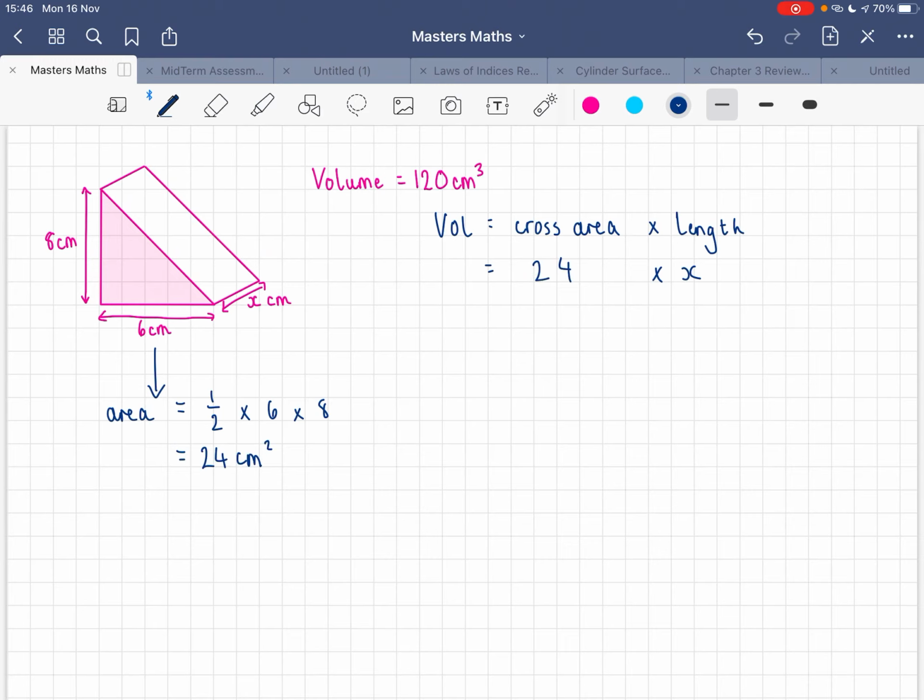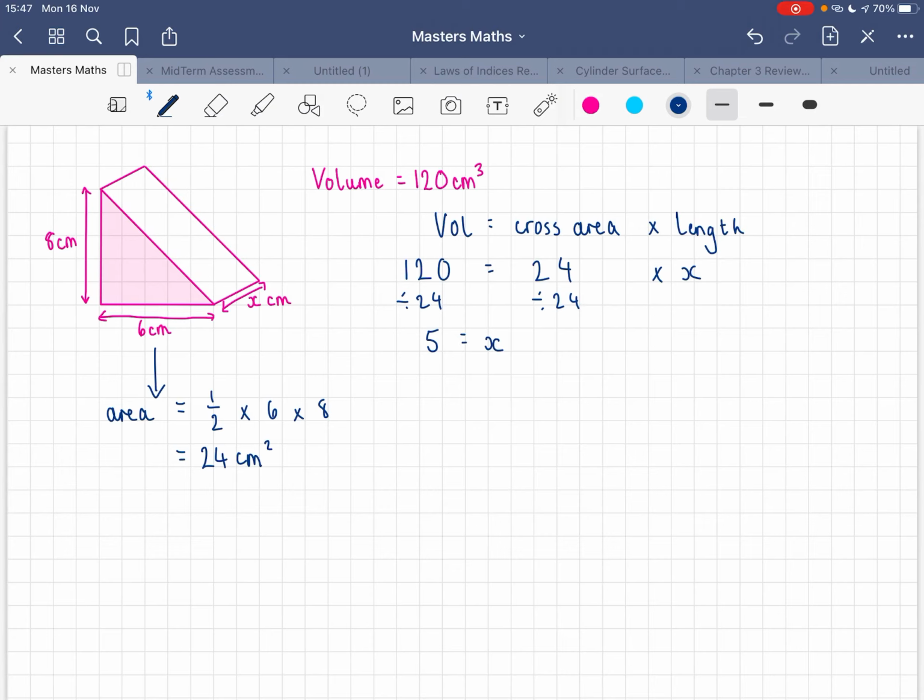That means to find the volume, we are doing 24 multiplied by whatever x is, and that gives us the answer 120. We need to reverse that to find what x is, so I'm going to divide by 24, which gives us the length x. 120 divided by 24 is 5.